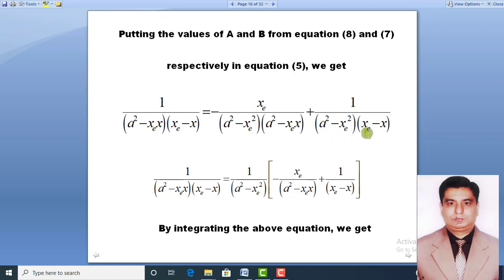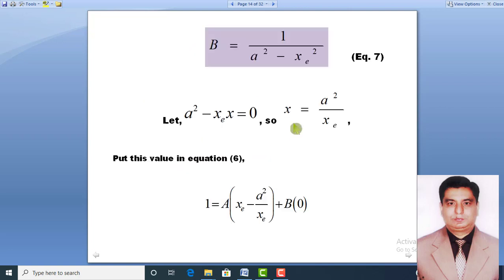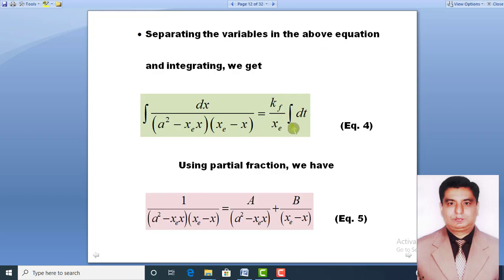If you compare this equation with equation number 5, you will note that only the values of a and b have been inserted.